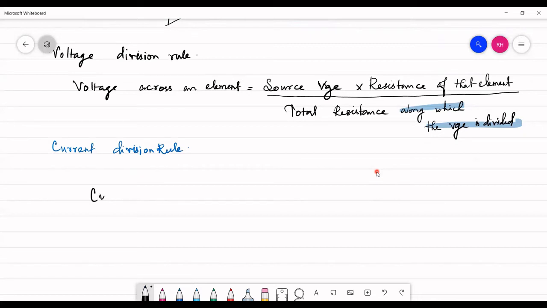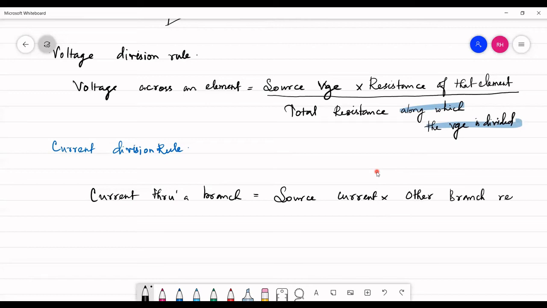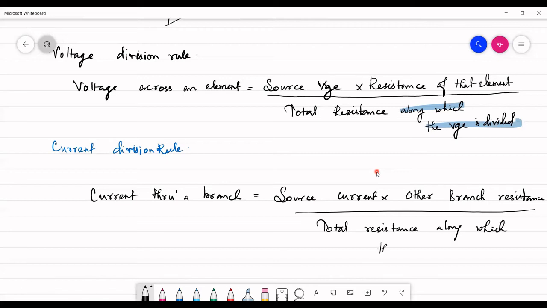So current through a branch is equal to source current times the other branch resistance, divided by the total resistance along which the current is divided.